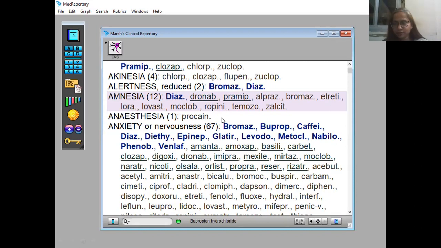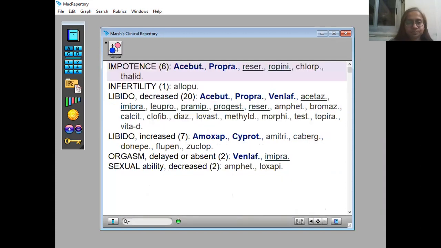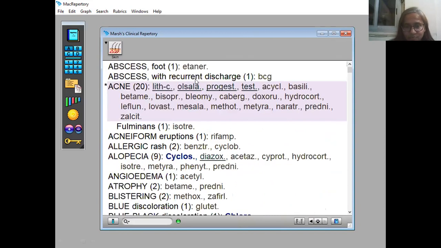You can just refer to Marsh clinical drugs, which is a materia medica book where you will get all those drugs. Then for impotence, see, these are all allopathic drugs. Acne, for acne, he has listed progesterone, which is a hormone. Then lithium bulb, which is a non-homeopathic medicine, but along with that, a lot of new allopathic drugs, which we generally don't use.